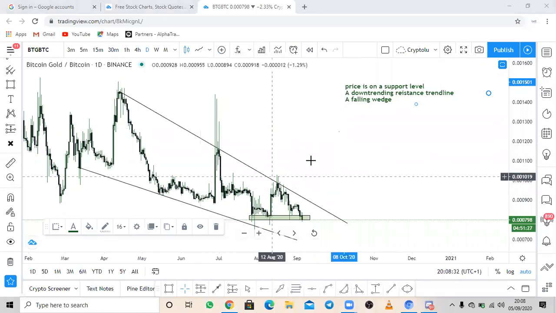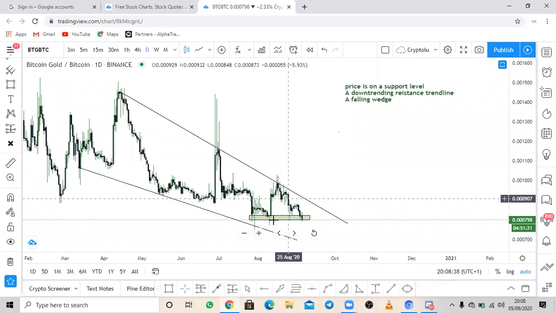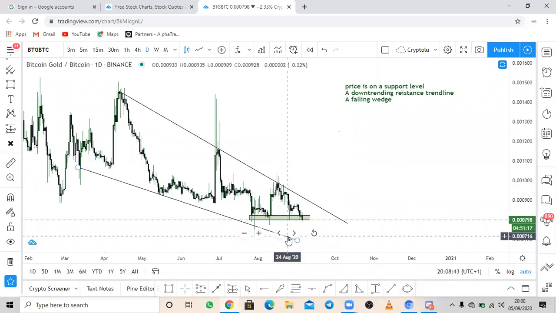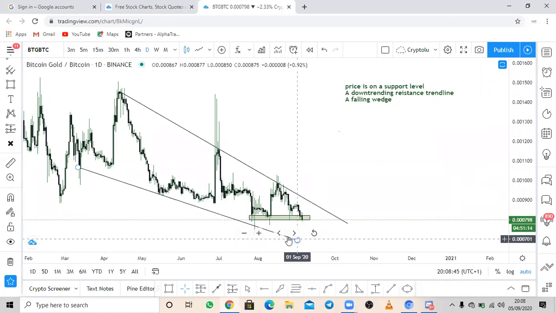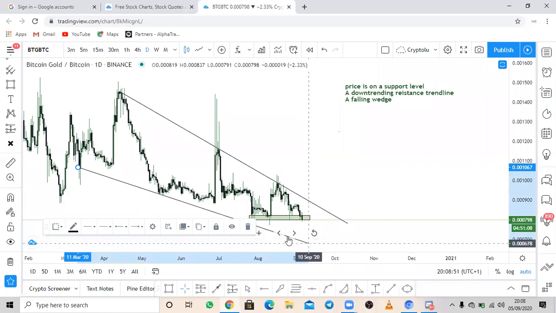So we have a support level here, we have a falling wedge, and we have a downtrending resistance trend line. So now, how will I enter this type of trade? Am I to enter here or wait for price to get back to this support trend line here? Now, one thing you should notice is that the market can start moving up from this point level.